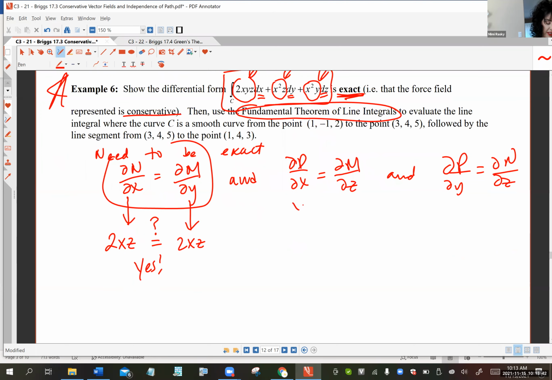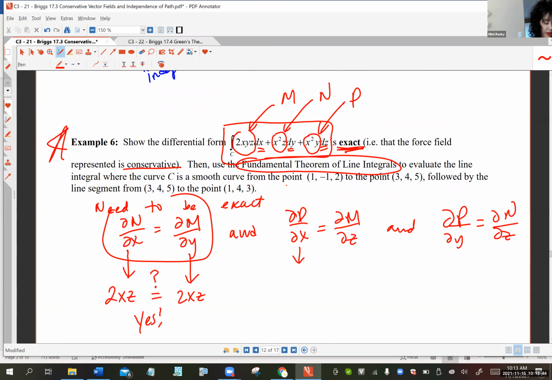How about dP/dx? The derivative of x squared y with respect to x is 2xy. Is that the same as dM/dz? I don't know, you tell me. 2xyz, take the derivative of that with respect to z. I get 2xy, so yes.